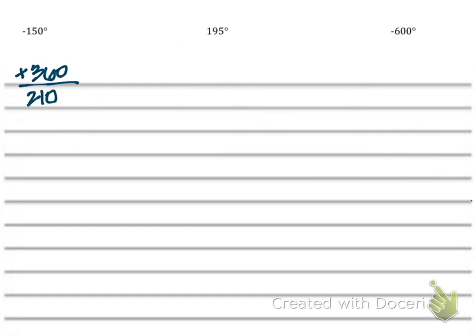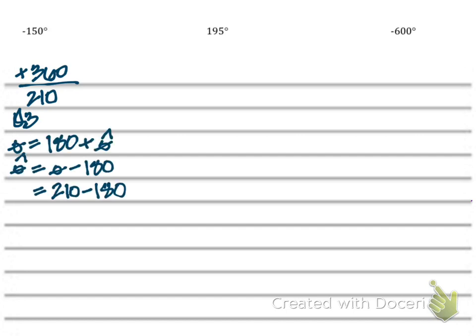Oh, looks like I started early here. This one's negative, so we want to find coterminal, so we're adding 360. So we get 210, which is in quadrant 3. There's my formula. Rearrange it, plug it in, and my reference angle is 30 degrees because 210 is 30 degrees away from 180.